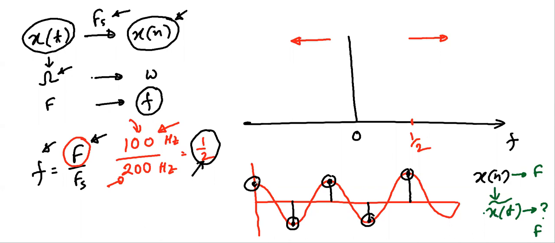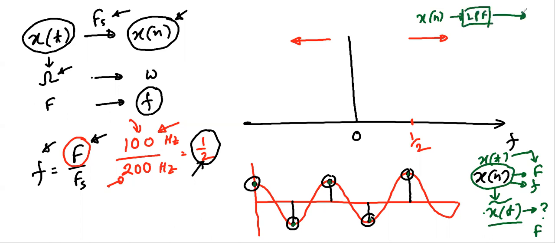So whenever we have only these samples, and we pass them through a low pass filter, then we get back our analog signal, which was the mother signal xt, where the analog frequency was this capital F. Eventually, for the discrete signal, the frequency was small f, and when Xn is passed through a low pass filter, then we'll find xt hat.